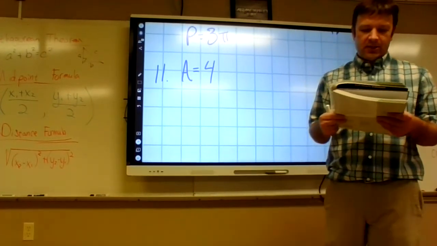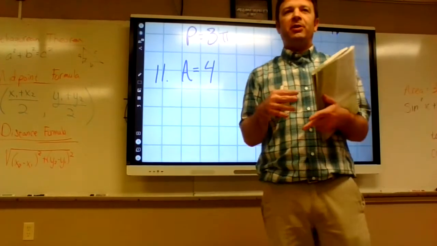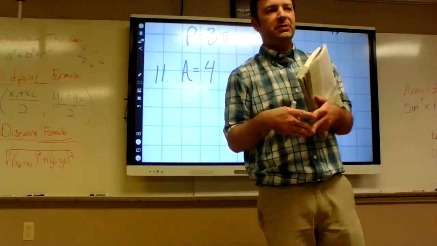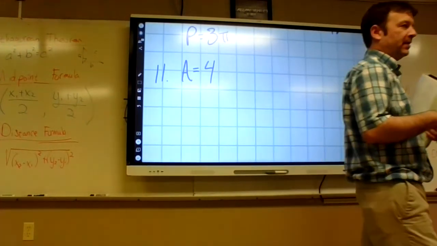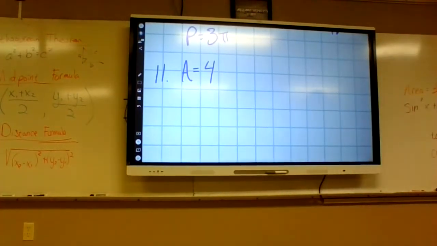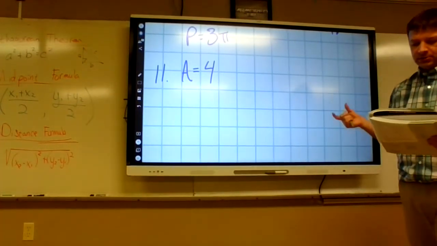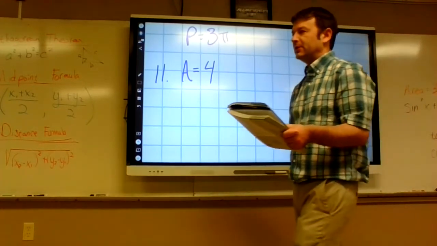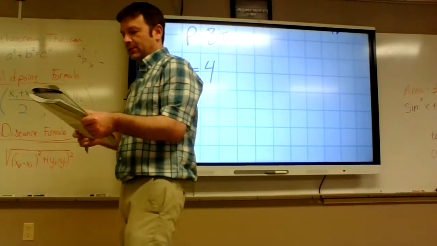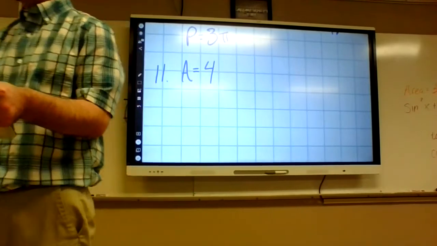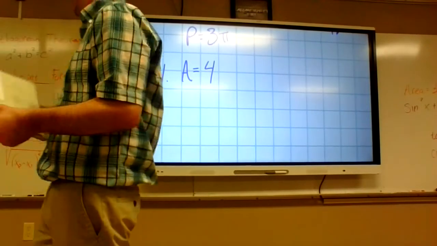Okay, the period. So normally the period is what? 2 pi. Unless there's a number in front of the angle, like on 7, the period is 2 pi. So there is no number in front of the x, so the period is 2 pi.